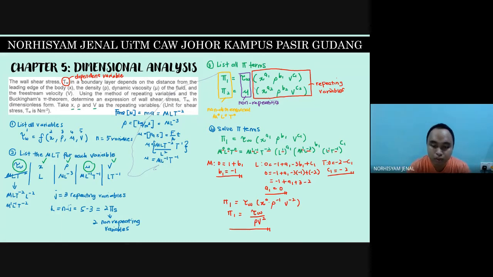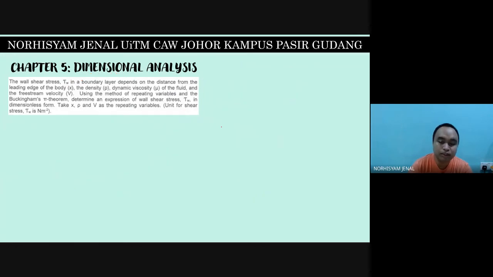Right, so we solve for one question over here, and then we go for another one. Okay, and then we solve for pi 2. So pi 2 is equal to mu. What do we have here just now?